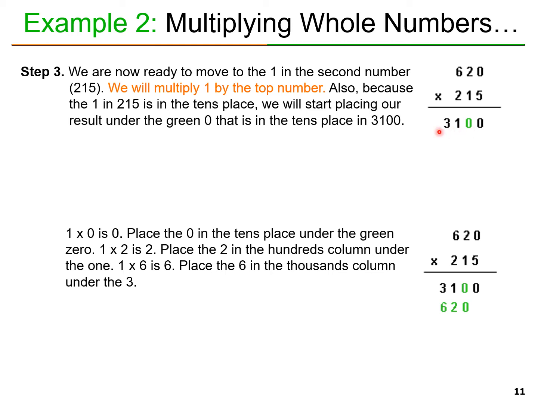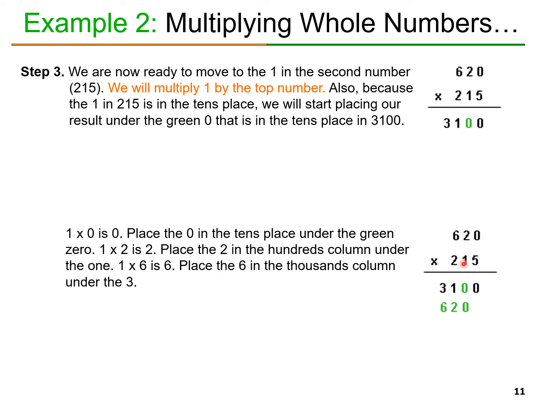So when we start multiplying 1 times 620, we're going to start placing our result up under this green 0 because this 1 here is in the tens place. So let's move down here.